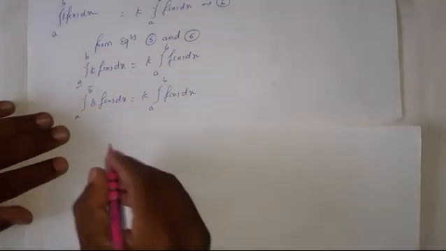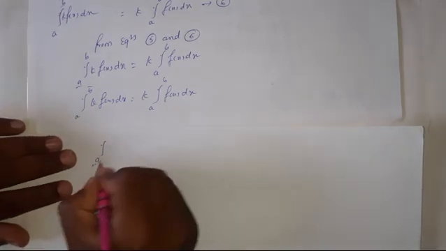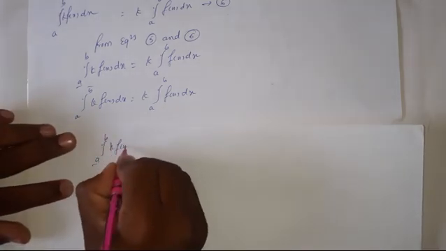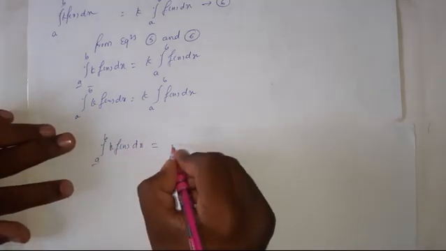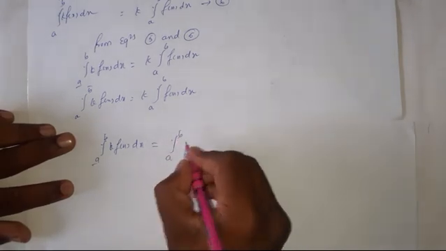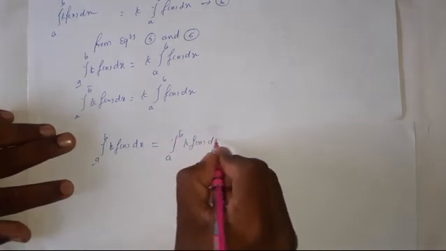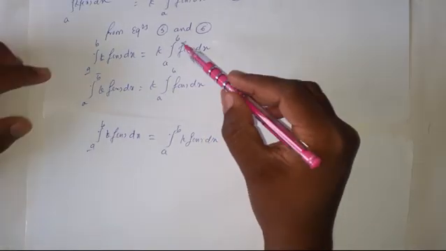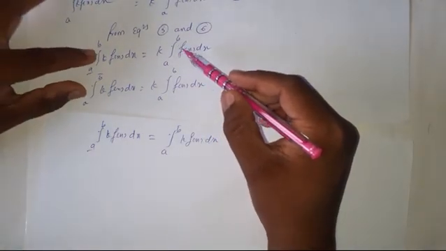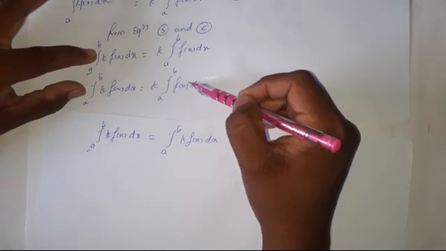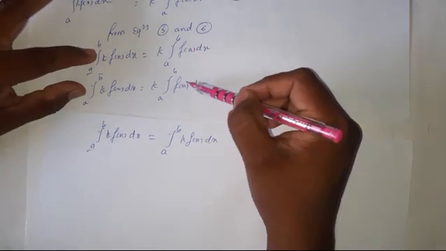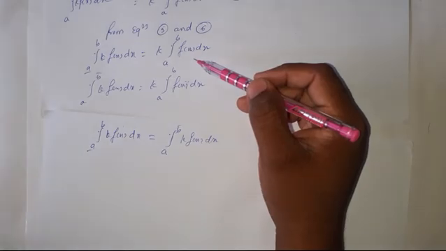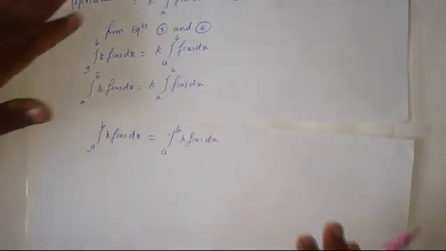So therefore we can write the result as the upper integration from a to b of k into f of x dx is equal to the lower integration from a to b of k into f of x dx, because in this equation these two are distinct, but these two are the same. If the RHS of any two equations are the same, then the corresponding LHS will be the same.